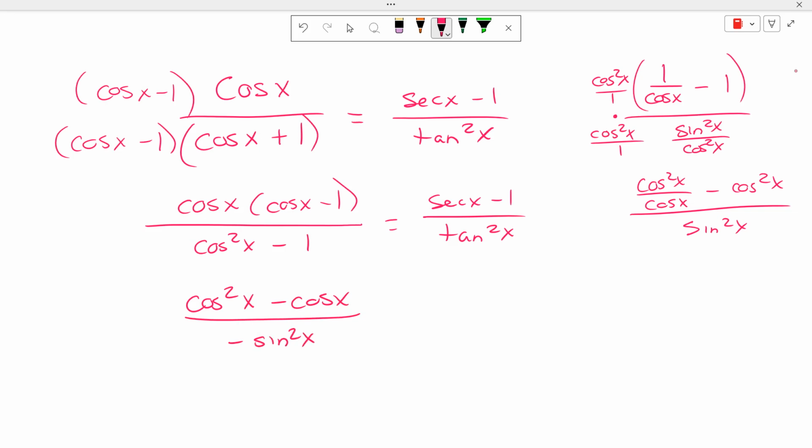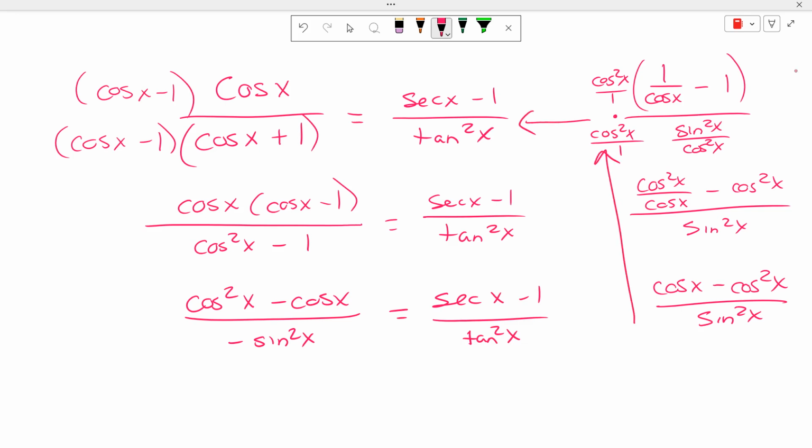Ooh, I'm really close to this. Because if I would reduce this one right here, I'd get cosine of x minus cosine squared of x over sine squared of x. And see how this is just on top, the reverse of that, and I have a negative sign. So, yep, it looks like if I just reverse the signs by taking the top and bottom times negative 1, I can work my way up to there, which would lead to there.